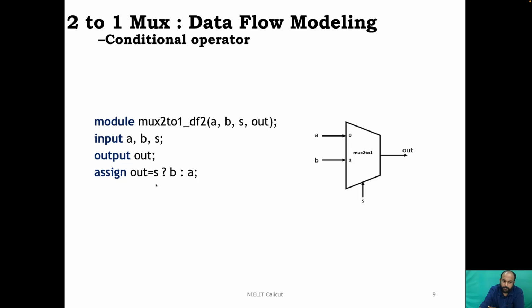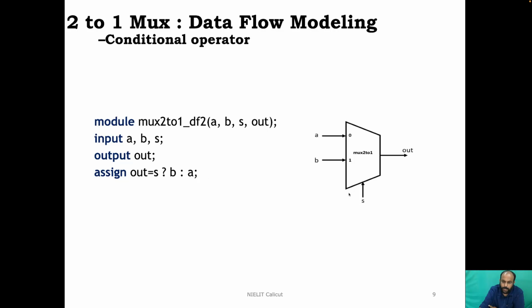Then we can write a simple conditional operator statement, assign. The destination variable here is out, is assigned with what is the condition to be tested. The select signal is the condition to be tested. Accordingly, one of the inputs will flow to the output. So S, a question mark, when S is 1, what should be in the output? That should be written first, because the syntax is the condition to be tested, question mark, true value, colon, false value.